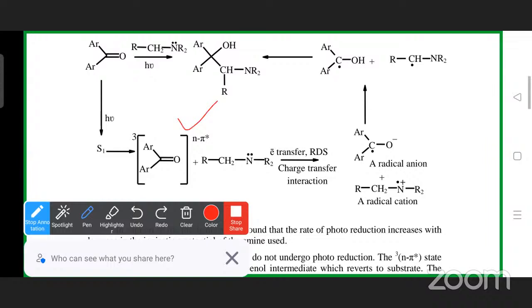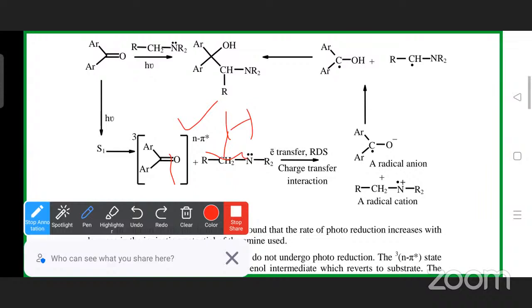Then at this stage, the alpha cleavage, the homolytic cleavage, takes place here. So you see this bond, this bond, the secondary amine. One of the CH bonds is undergoing homolytic cleavage.